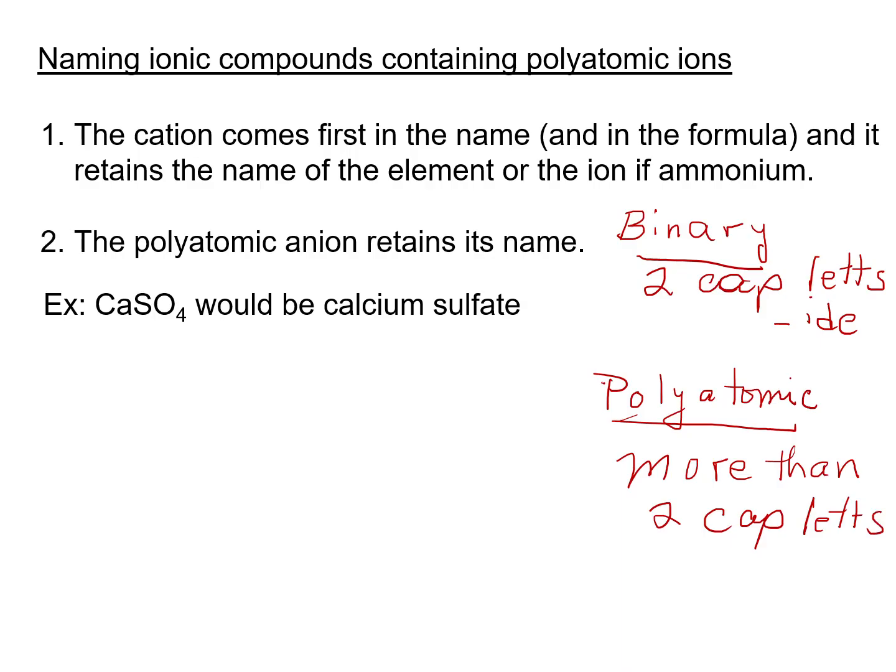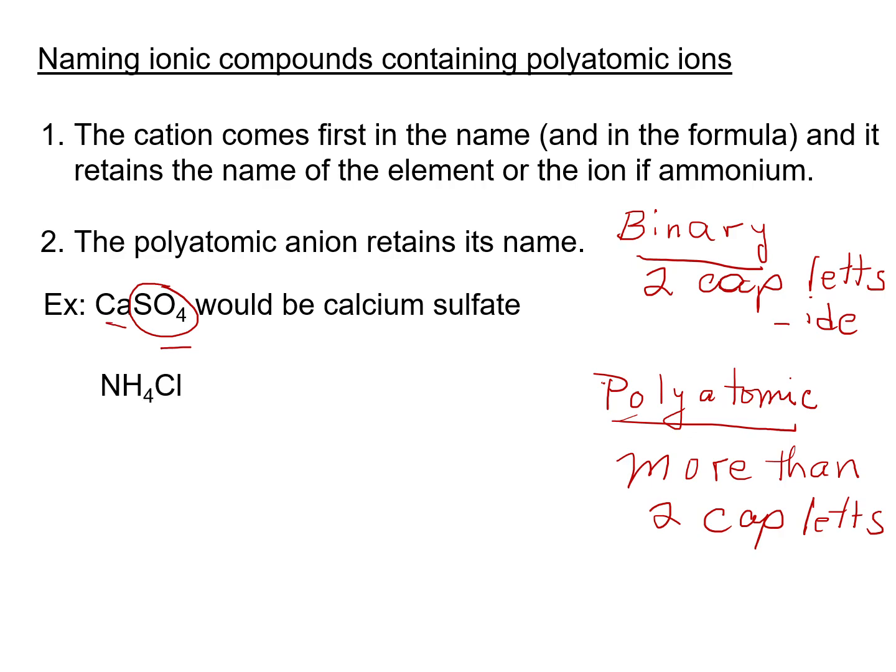So we look at this and we say, all right, we definitely have more than 2. We have 3 capital letters. So therefore, I need to get my polyatomic list out. And I see that, oh, SO4 is sulfate. So that's why it would be calcium sulfate.